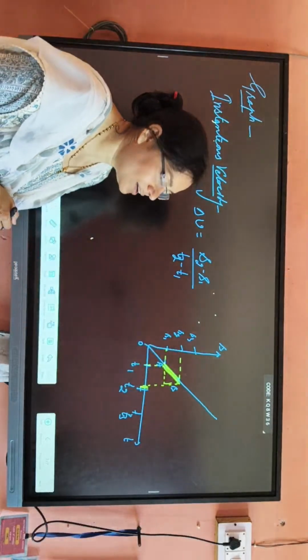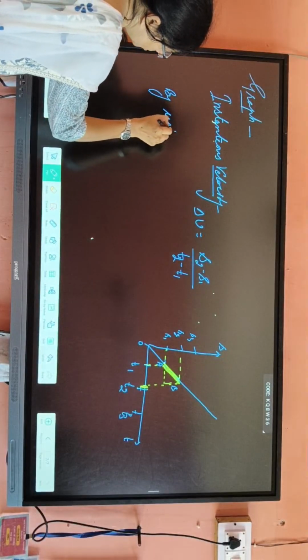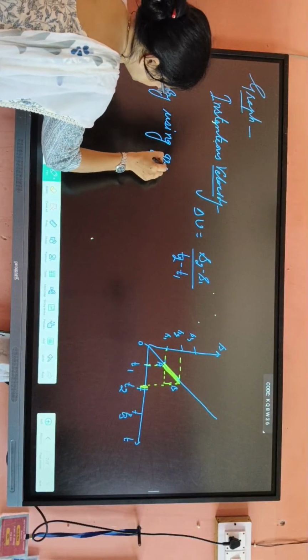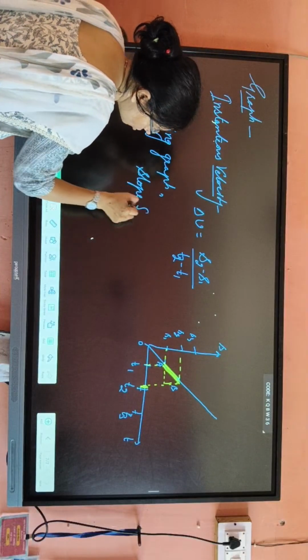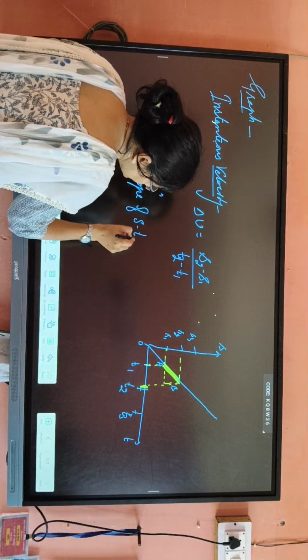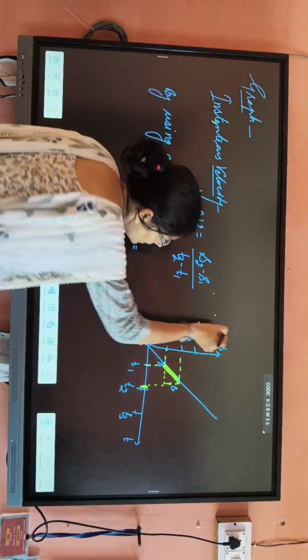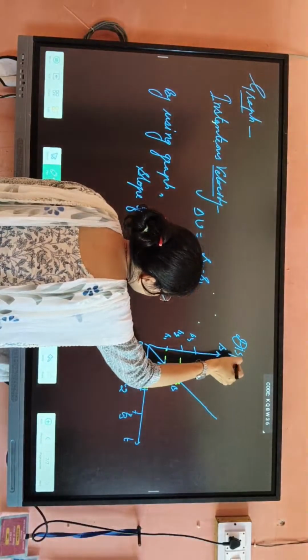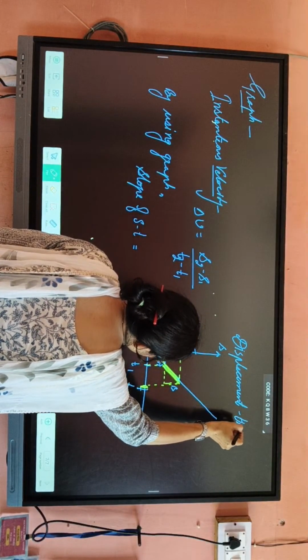So by using the graph we can find the slope of the ST graph. What is S? Displacement time graph.